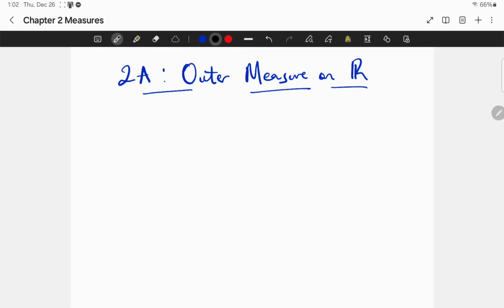So the first definition: we have the length of an open interval.